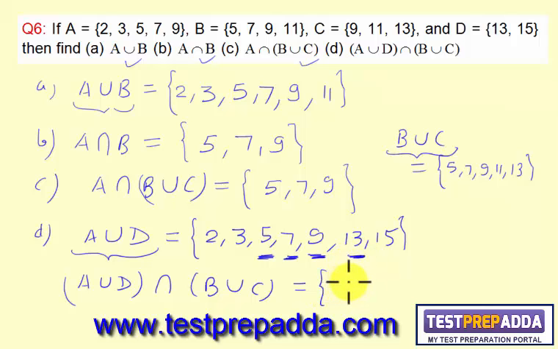So what will be the elements here? 5, 7, 9, 13. Okay, so this way we find the sets. Now I'll take another question here.